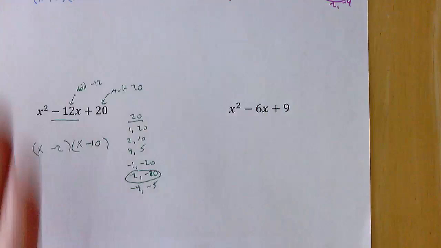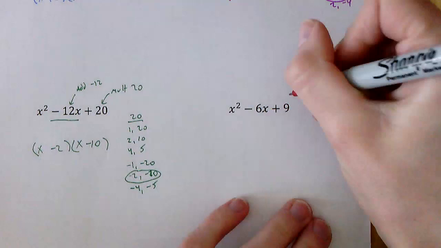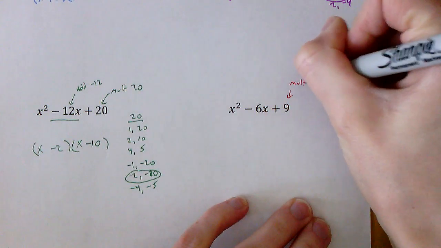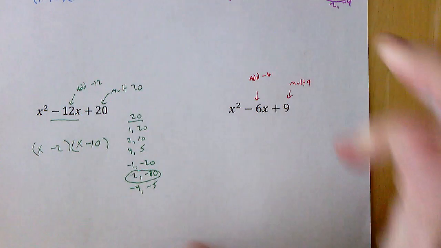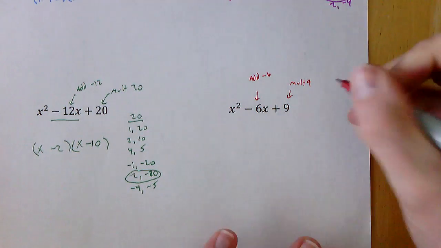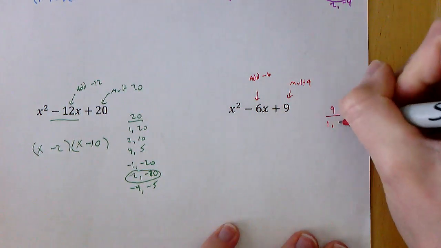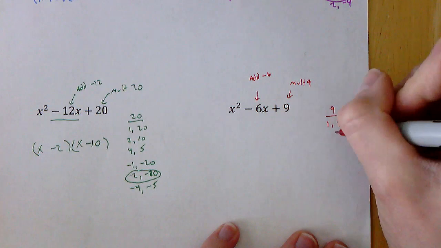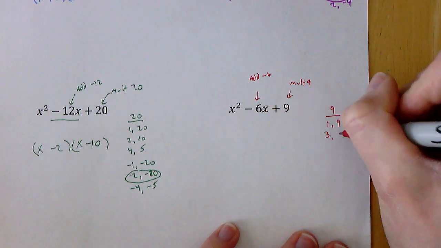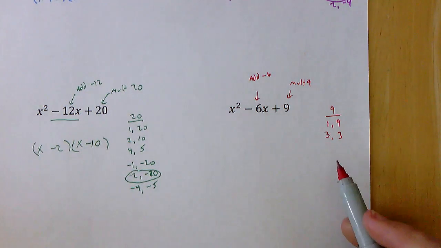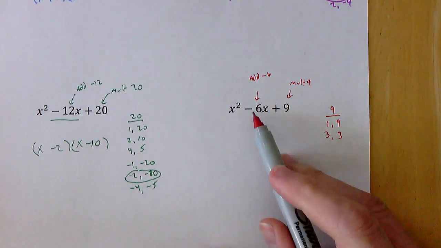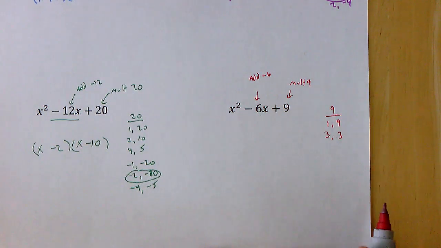All right, last one over here. For this one, I need 2 numbers that multiply to 9 and add to -6. So things that multiply to 9: 1 and 9. 2 doesn't go into 9. 3 goes into 9 3 times. And that's going to be it. Are any of those going to add to -6? No, they're not.